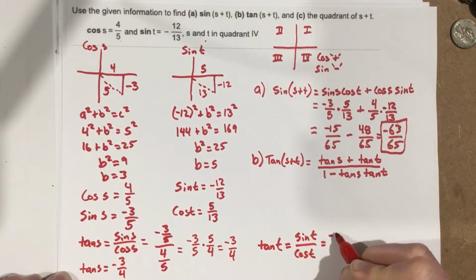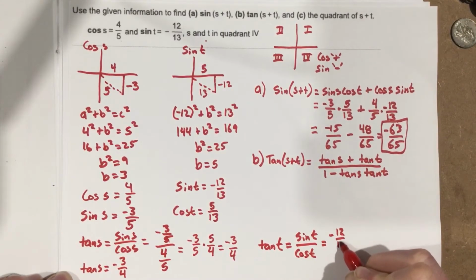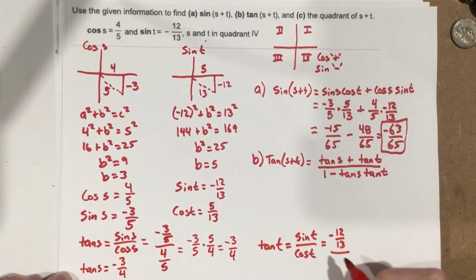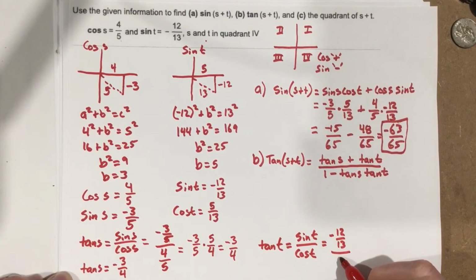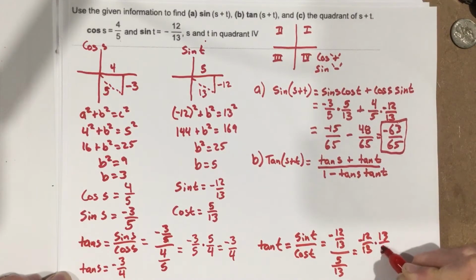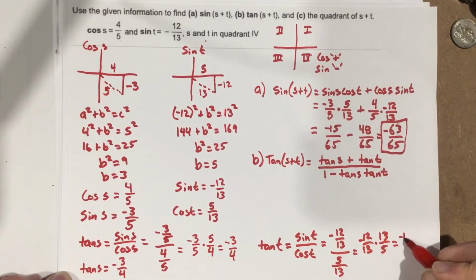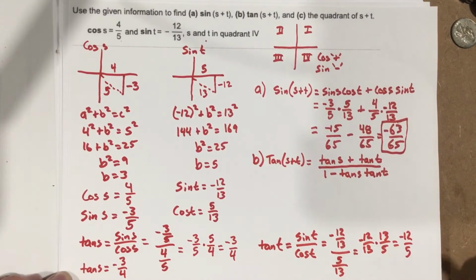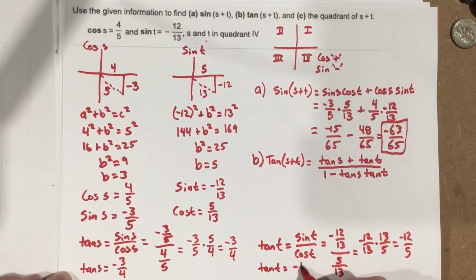So we get negative 12 over 13 divided by 5 over 13, which is going to be negative 12 over 13 times 13 over 5, which is negative 12 over 5. So we know that tan t is negative 12 over 5.